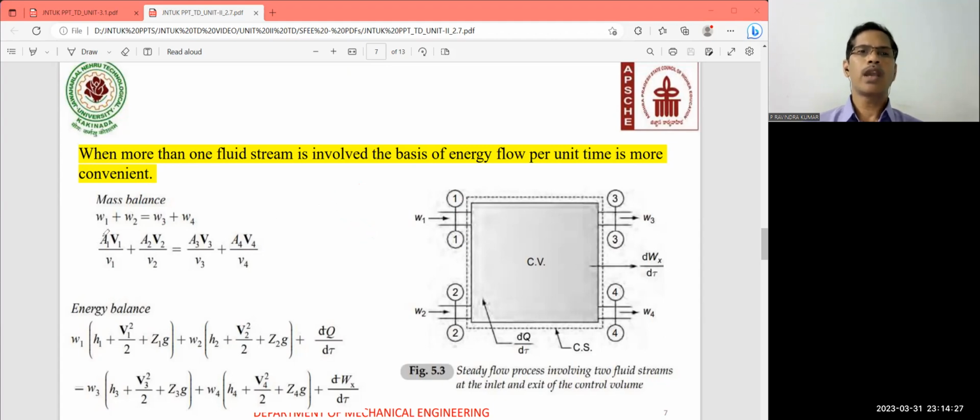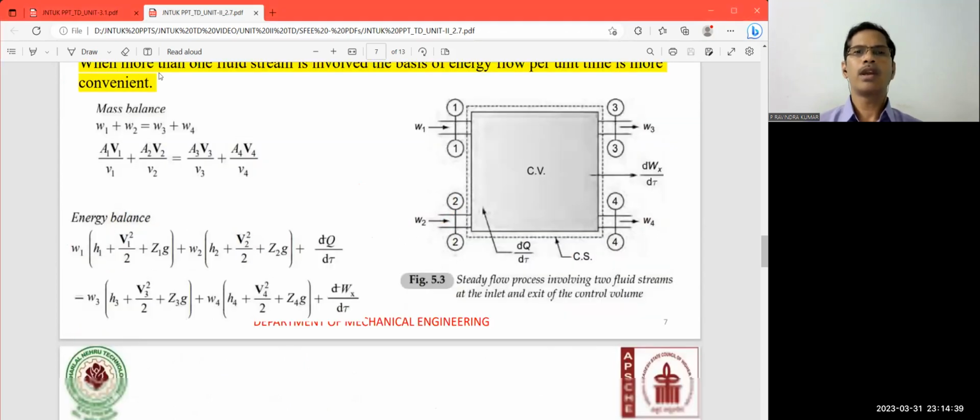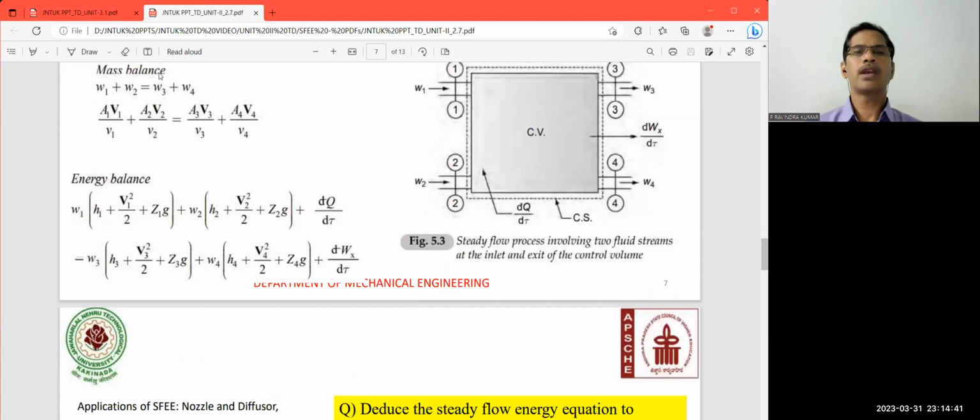A1 is the area at the inlet, and V1 is the velocity of the flow of the fluid, divided by the specific volume of the fluid at the inlet. In the same way, the energy balance equation can be represented, consisting of the potential energy, kinetic energy, and enthalpy terms, right?